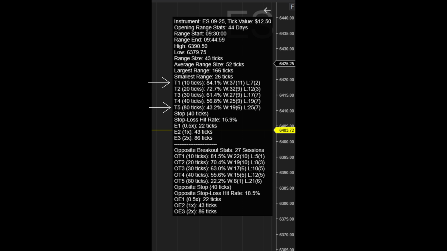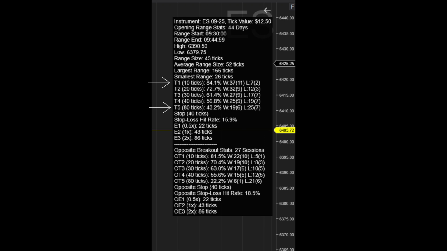And then we have 25 losers out of the 44 at 40 ticks, and that gives us 1,000 ticks of loss. So we had 1,520 ticks of win and 1,000 ticks of loss.